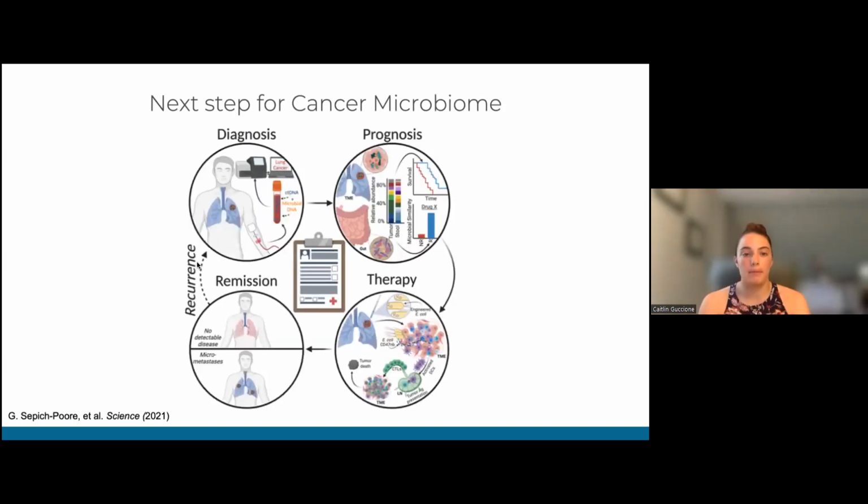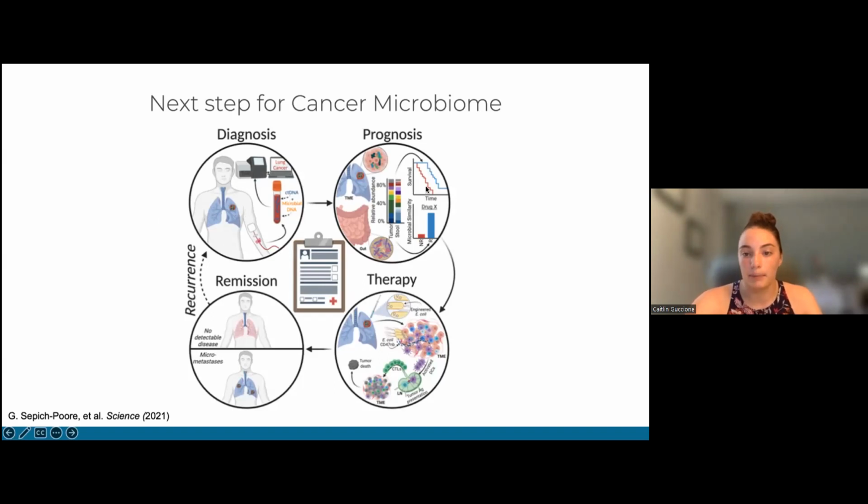So I wanted to wrap up by talking about next steps for the cancer microbiome. This is just another graphic from one of Greg's review papers, but I want to highlight again how important the cancer microbiome can be for this field, starting off with diagnosis. We can use the cancer microbiome to diagnose, particularly lung cancer, is what they're looking at right now.